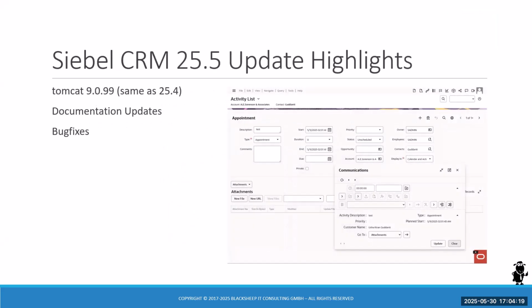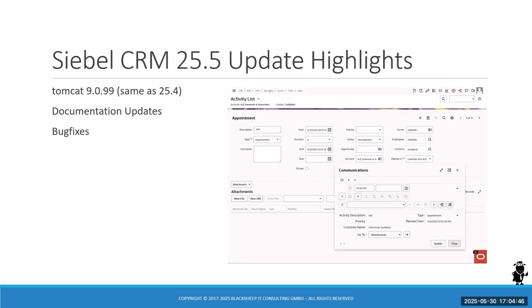So instead of talking about 25.5, which is now finished, so there's nothing more to say, I think it's good to have a look back at the year starting with 25.1 and 2, because people are now updating, let's say, from 23, 24 or earlier to 25.5.